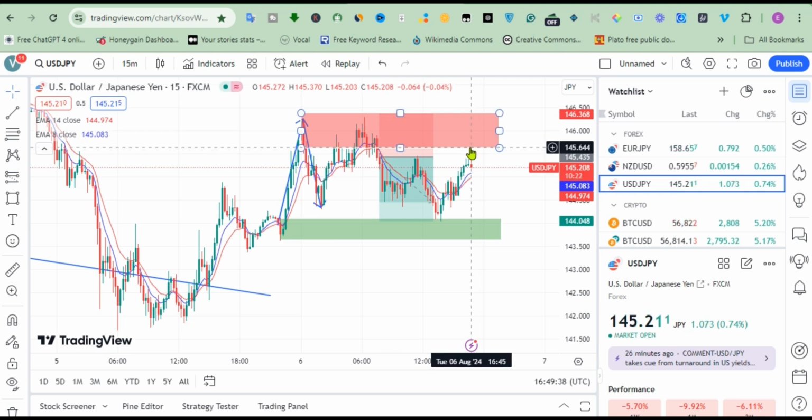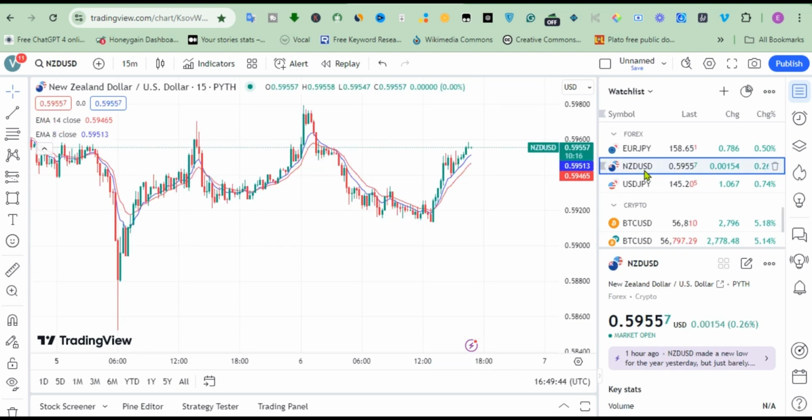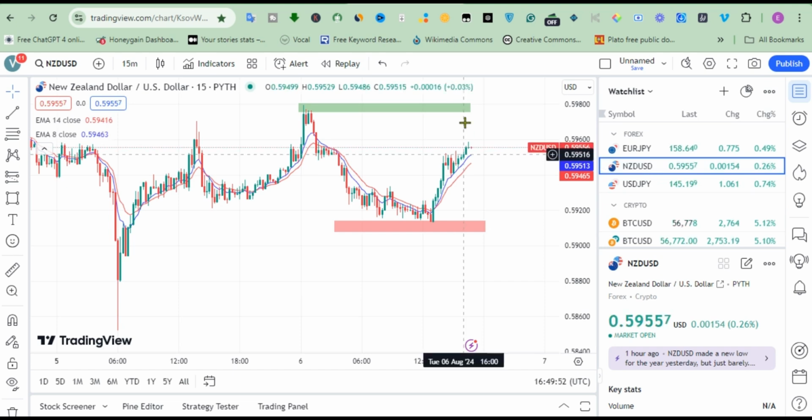Let's see what the other ones are saying. Look at that one too, it's going up to touch our resistance zone. You can trade like that from one resistance to another.